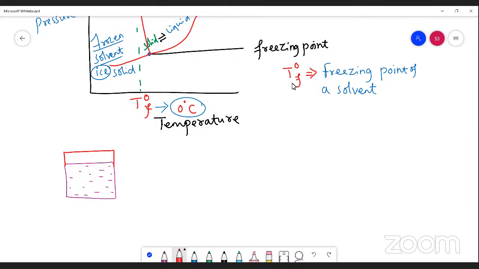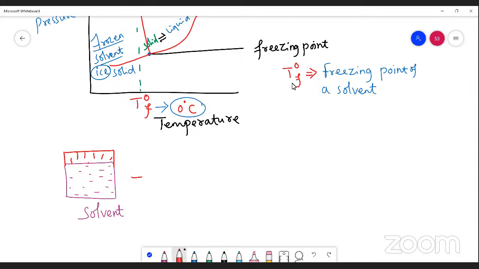This is the solvent existing in the vapor phase. Solvent existing in the vapor phase means all liquid form, so there is a free conversion to the vapor phase. It is understood. Now I am going to add.